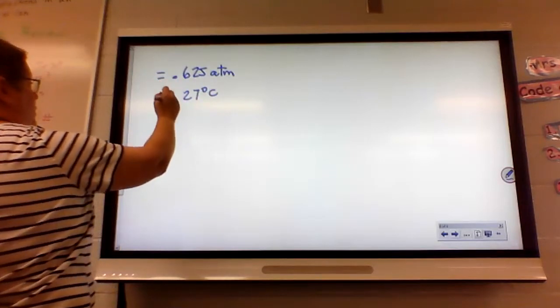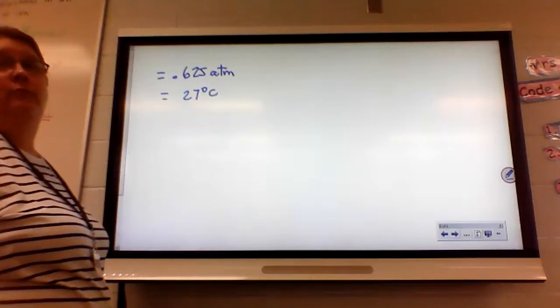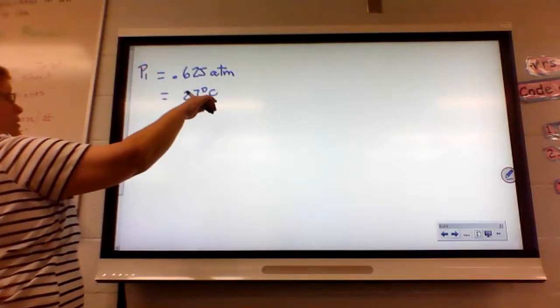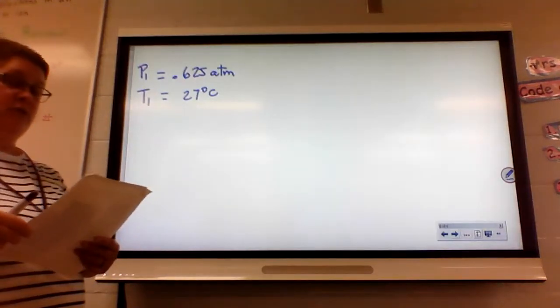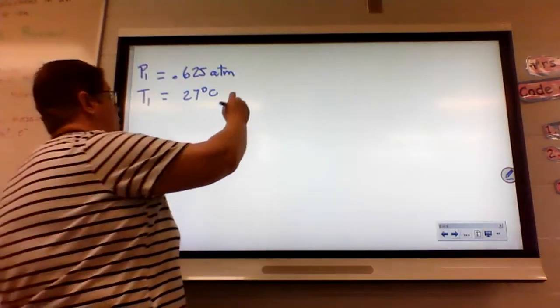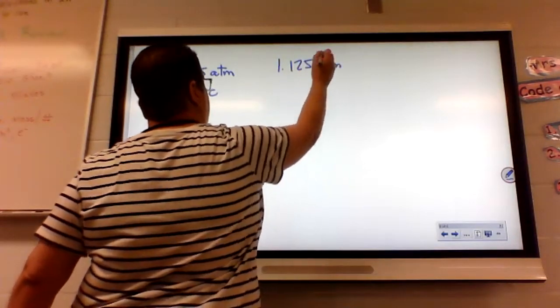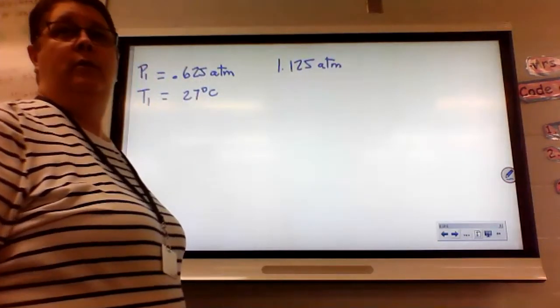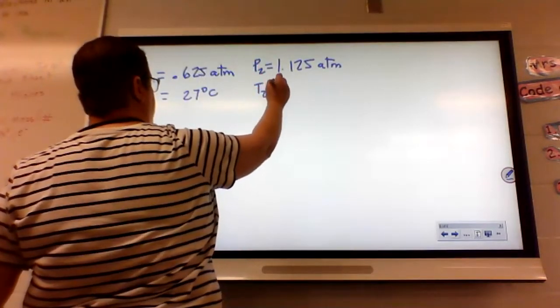So make that P1 and this T1. Then you've got a 1.125 ATM, so make it P2. And that means we're solving for T2.